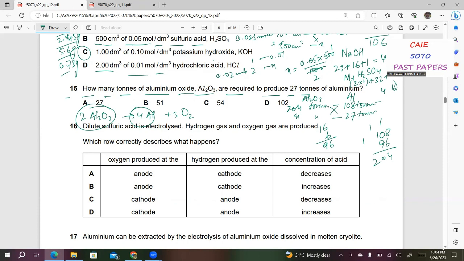Do the cross, we'll get X is equal to 27 multiplied by 204 divided by 108. So 2 multiplied by 27, we will get 54. C will be the right answer.